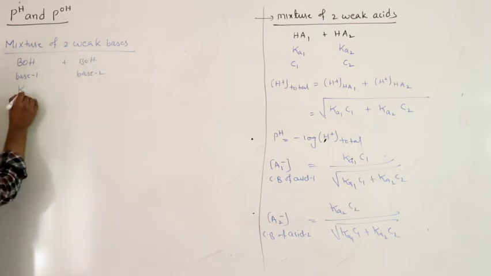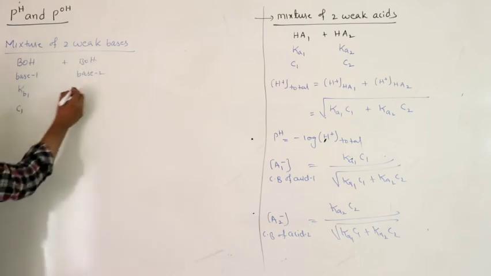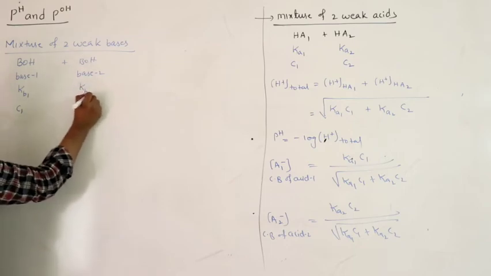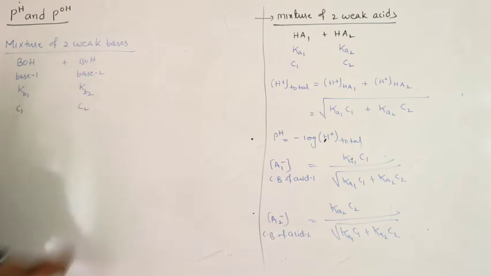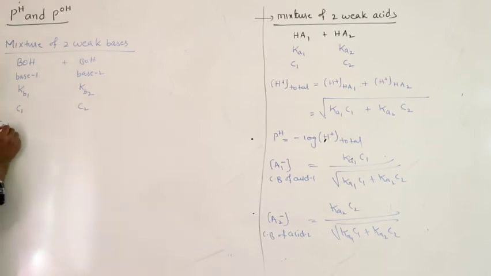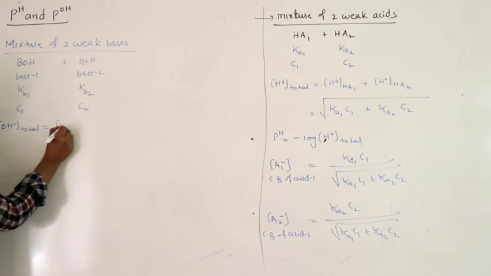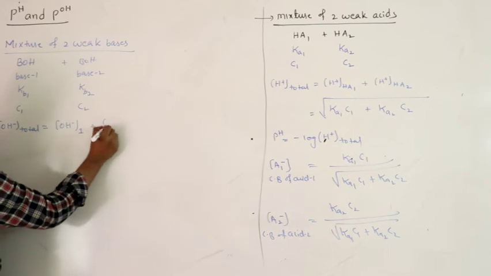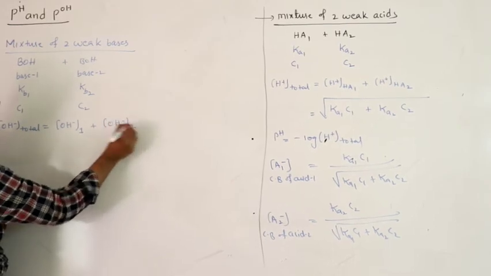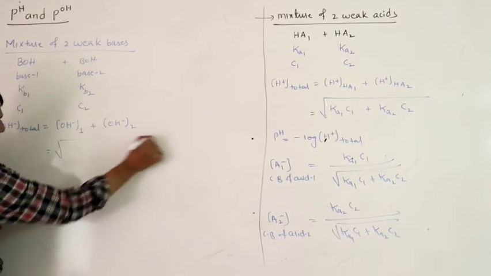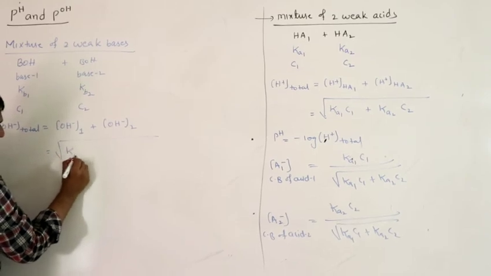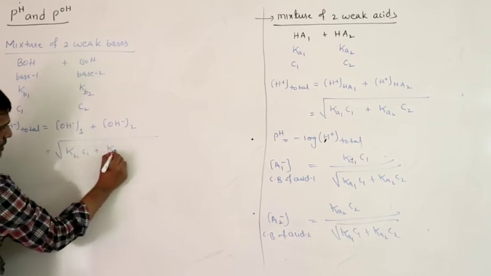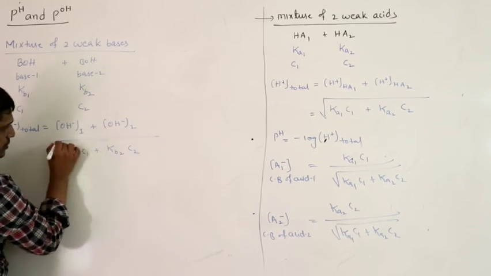Say its dissociation constant Kb1, initial concentration C1, its dissociation constant Kb2, initial concentration C2. So total OH minus ion concentration is equal to OH minus ion concentration from base 1 plus OH minus ion concentration from base 2, which is equal to root over Kb1 C1 plus Kb2 C2.